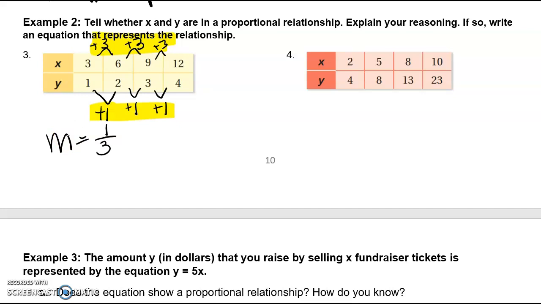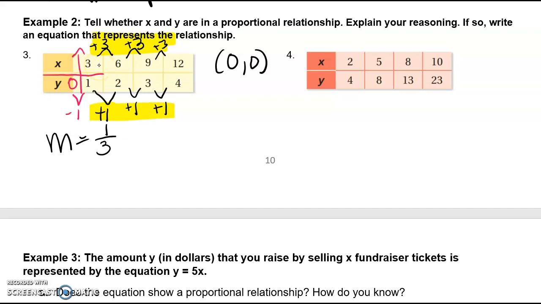Now, the second part to tell whether or not something is a proportional relationship is it must pass through the point 0, 0. Nowhere on this table is 0, 0. Okay, but what you can do is extend the table to see if it includes the point 0, 0. So instead of going up by 1, I'm going to go down by 1, and 1 minus 1 is 0. You're basically adding to this table, okay?